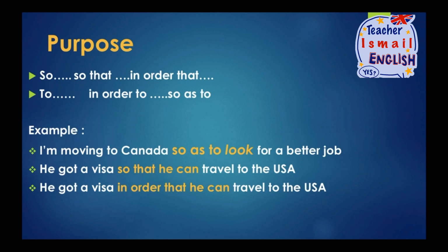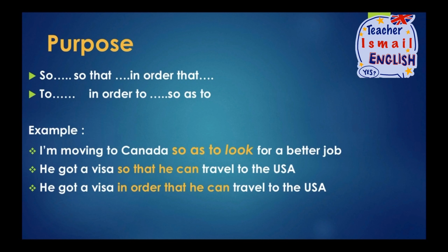So the thing that you notice here is that so that or in order that is followed by subject plus modal. But if you say in order to or so as to, it's followed by the verb in infinitive. You can say: I am working hard in order to get good marks. I am working hard so as to get good marks, etc.